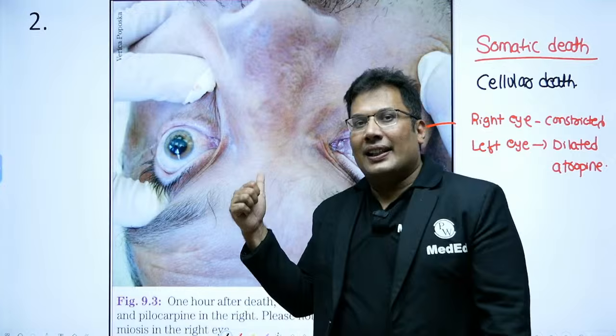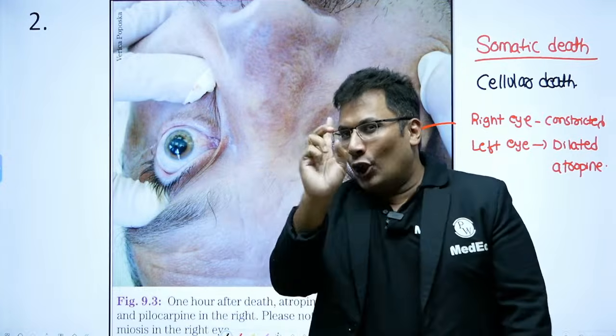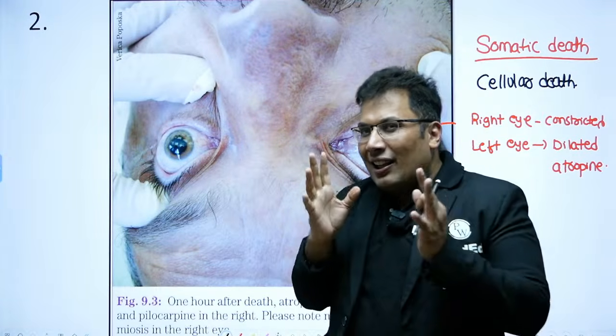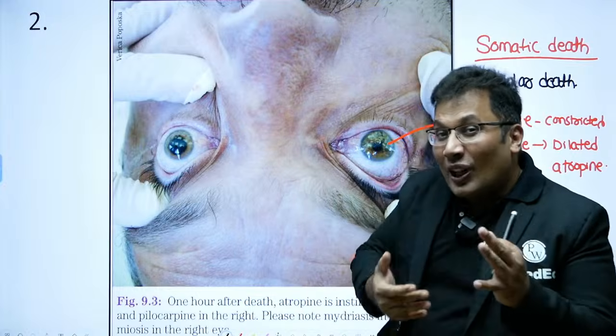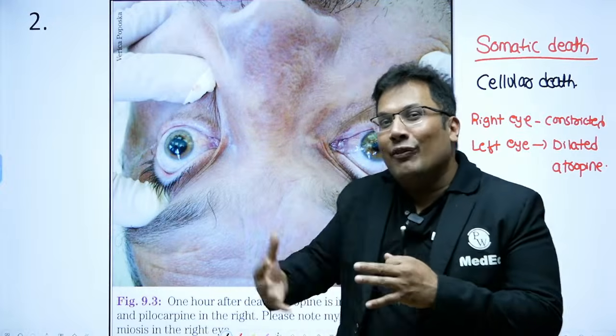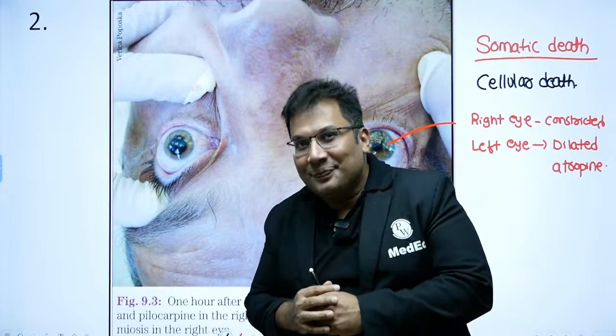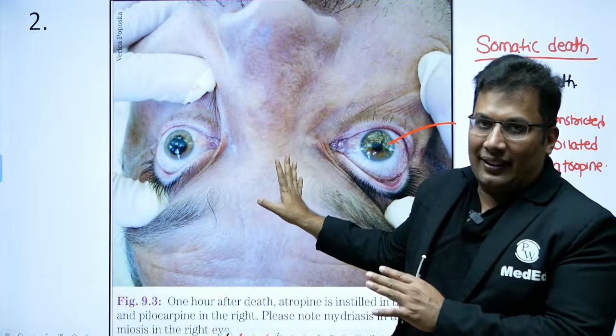So this is a classical case of somatic death, not cellular death. The cellular death occurs slowly. Once there is cellular death, the muscle will not respond to any stimuli. So somatic death, that's all.